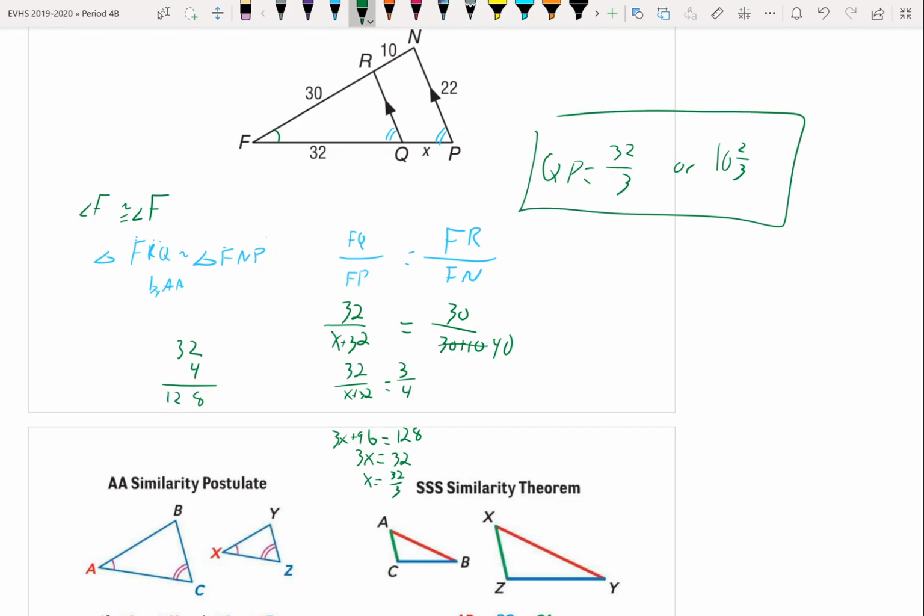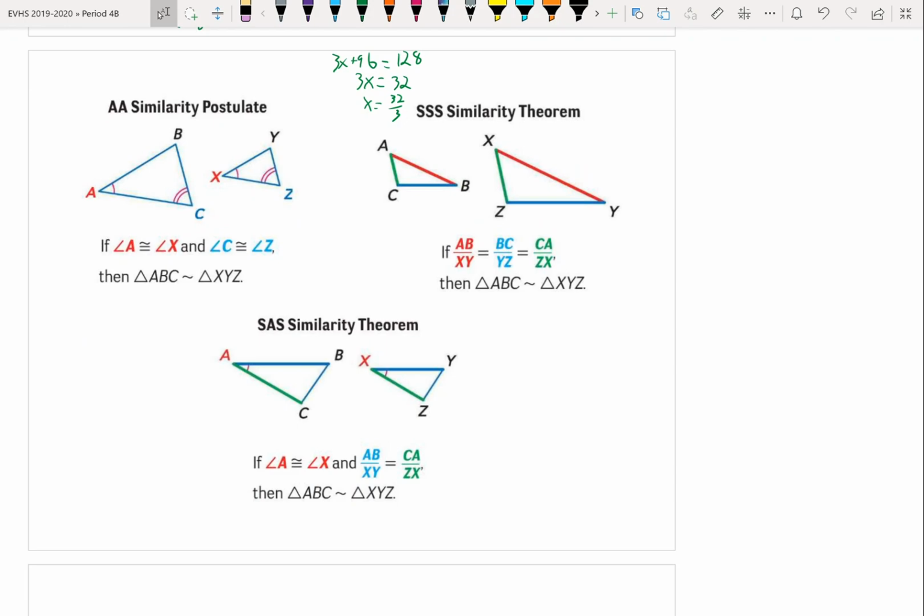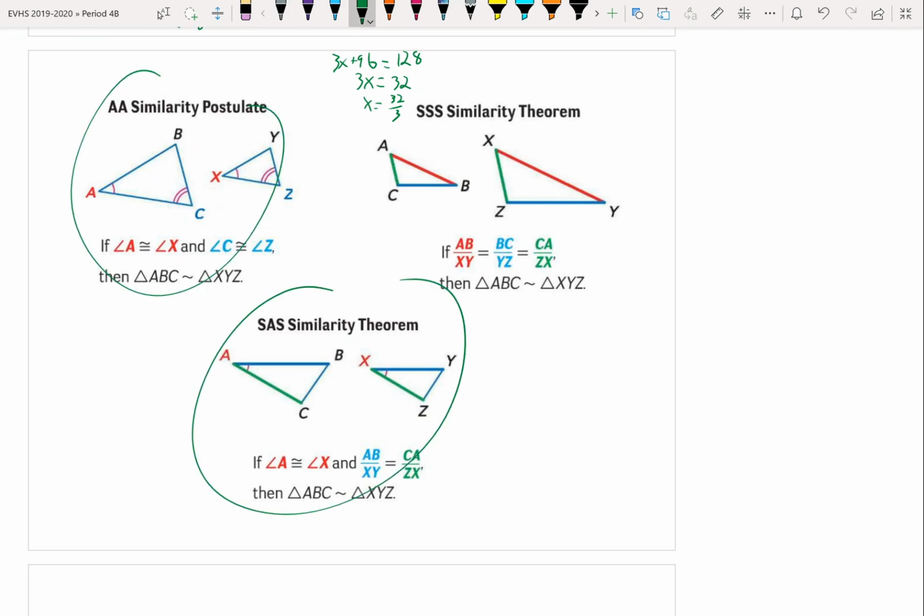In summary, the thing you need to keep track of, you've got your angle-angle similarity, side-side similarity, side-angle-side similarity. The angles are congruent in all of these. But if I talk about the ones that have sides in them, that implies proportionality. So we have our fractions or our ratio set up and not congruency.